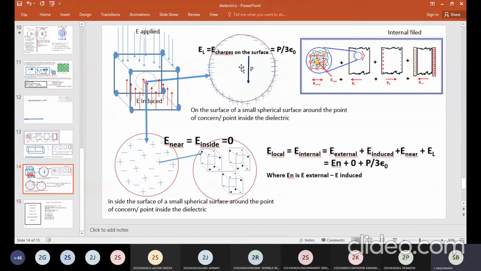I'm talking about this molecule, and I'm trying to find out what is the net electric field on this particular molecule because of the charges which are there in this particular outer red circle.